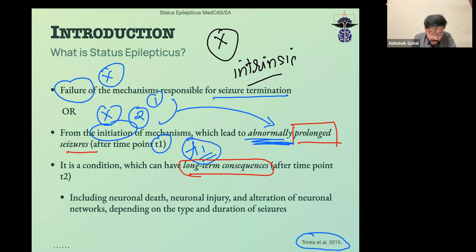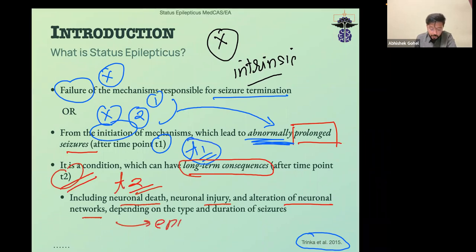They happen after this time T2. So what does this long-term consequence mean? It means there can be neuronal death, it can be an injury, or it can be an alteration of the neuronal networks, which will lead to epilepsy over a period of time.